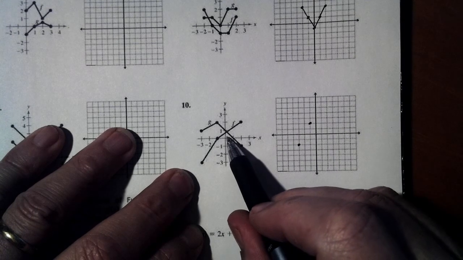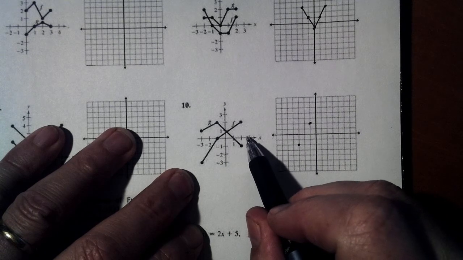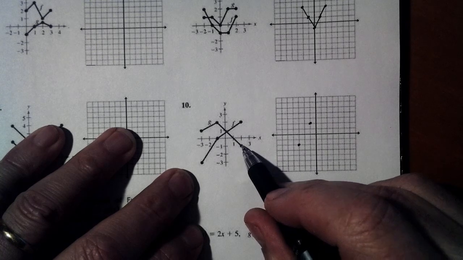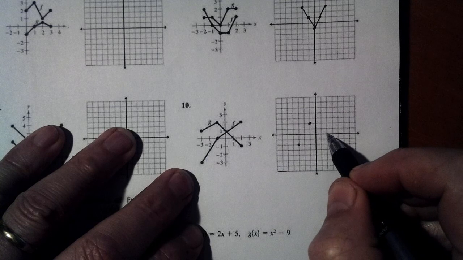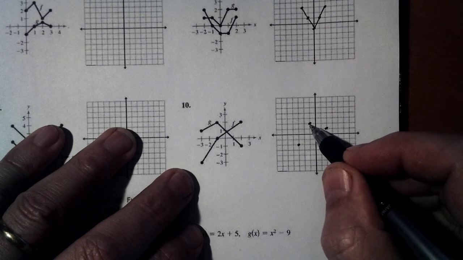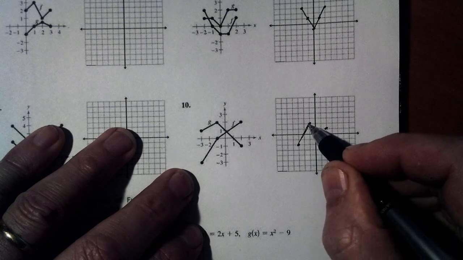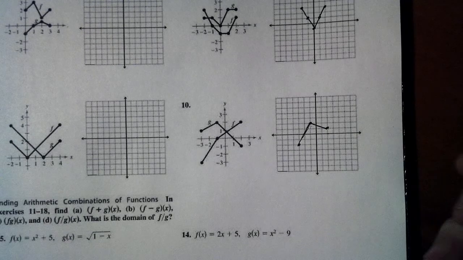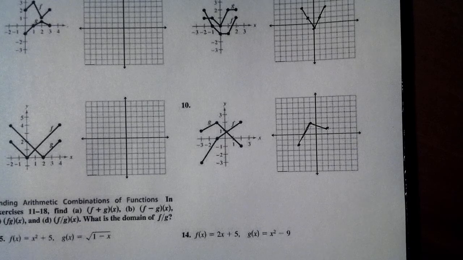And then over here at 2, our heights are -1 and 2. -1, so at 2, -1 plus 2 is 1, and we end up with this graph. We're just adding heights together, connecting the dots.